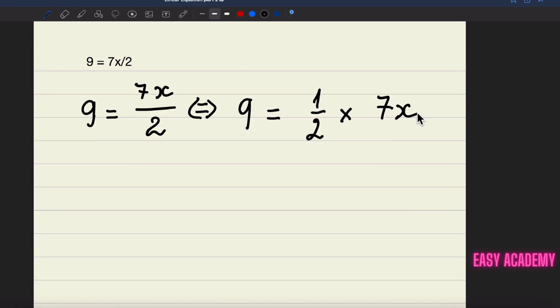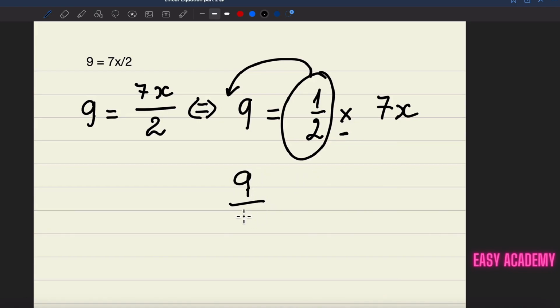Okay? So I want to get rid of 1 over 2. So I want to move it to the left side. The math operation is multiplication, so it will turn into division. 9 divided by 1 over 2 equals 7x.